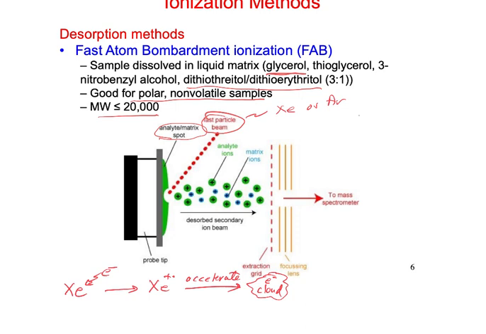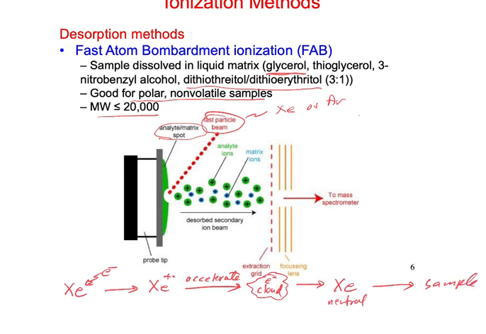As it passes through, it picks up an electron, which gives us a neutral xenon that already has its momentum, so it's already flying in whatever direction we want. Then we hit that against our sample.